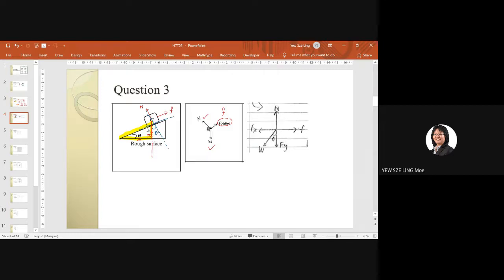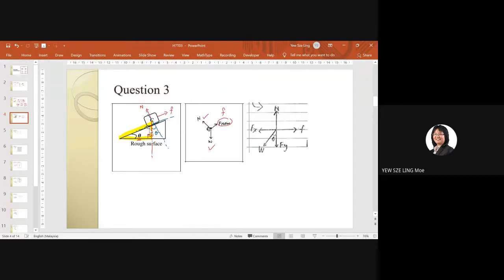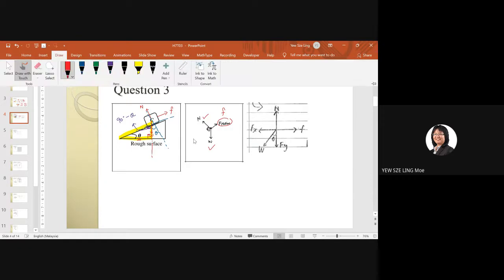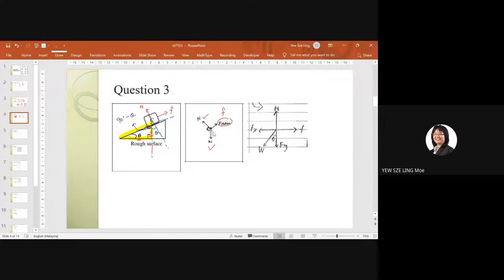Why? Because the angle inside the triangle, this angle, is 90 minus theta. And in between x and y component, it forms 90 degrees. Therefore, the angle beside the y component is theta. So in your diagram, you should add a vertical line here and show that the theta is here.